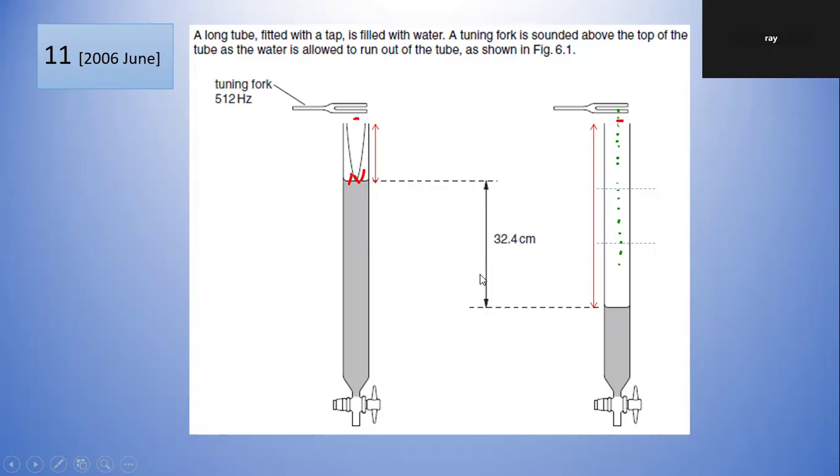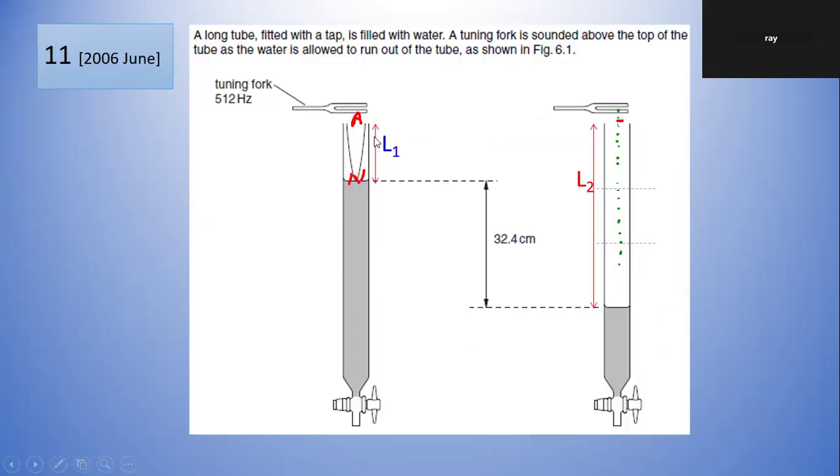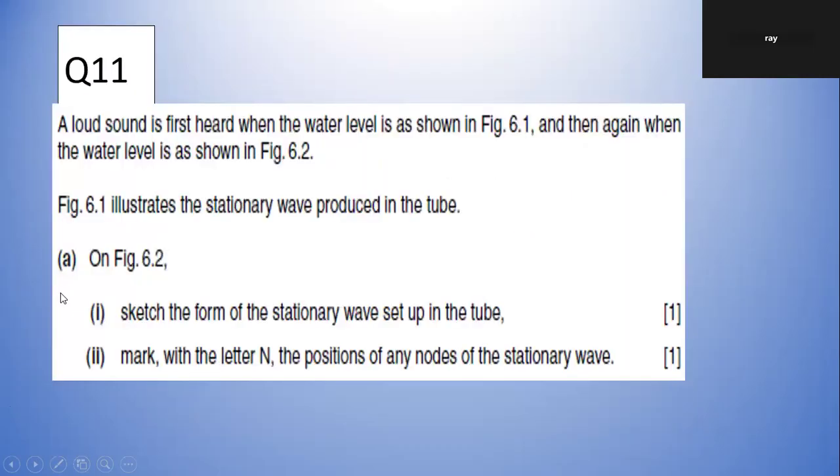That length is 32.4. A loud sound is first heard when the water level is as shown in figure 6.1. Right? That's figure 6.1.